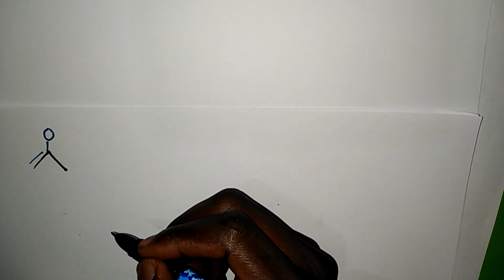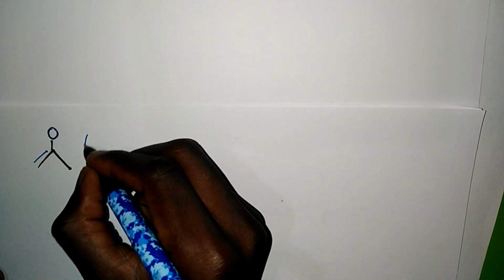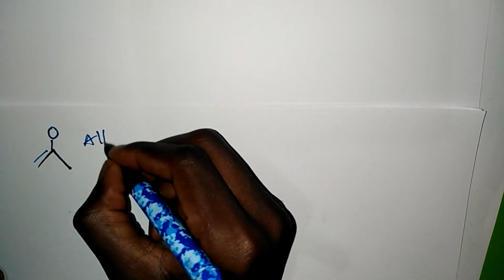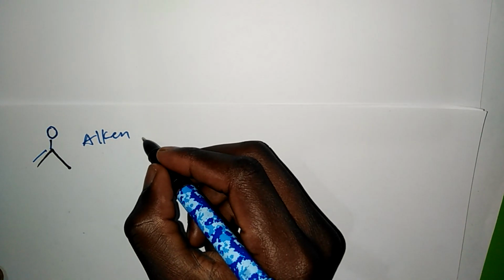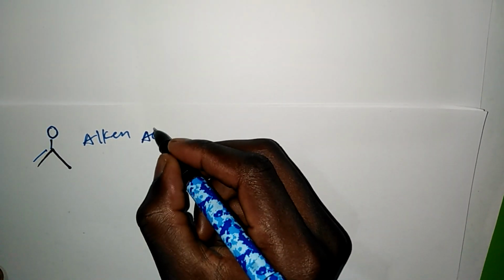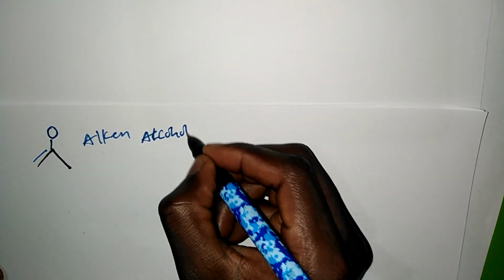So what if you have a functional group like this? And then we have a double bond here. What do you name it? Now this functional group comprises of an alkene and then an alcohol.